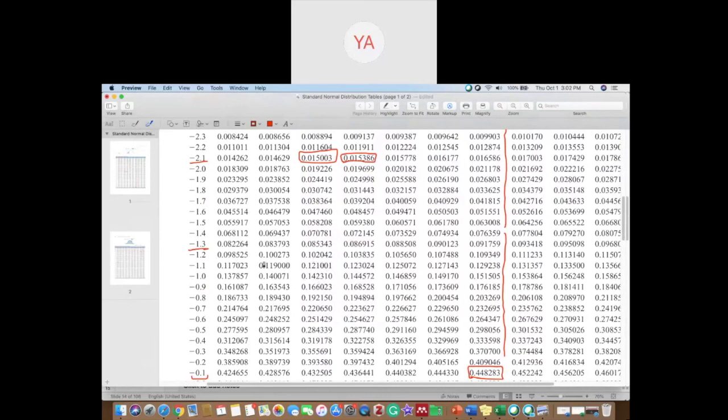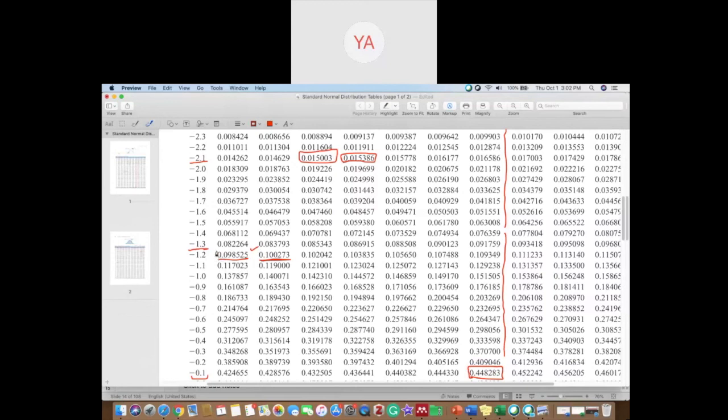So this value is 0.100273. Now here, this could also be the values. Now, because we are concerned to find out the value which is not more than 0.10, I can simply ignore this and take this value.